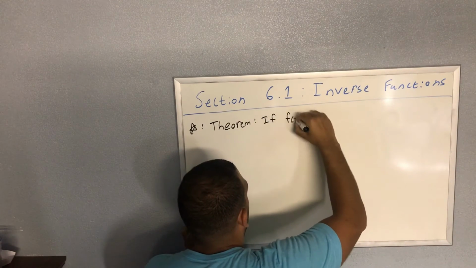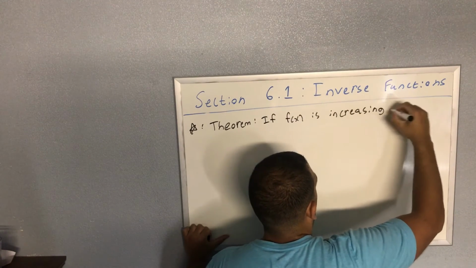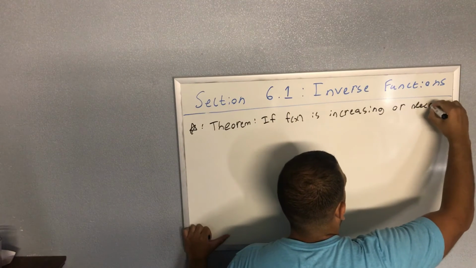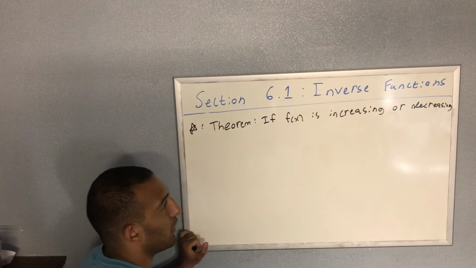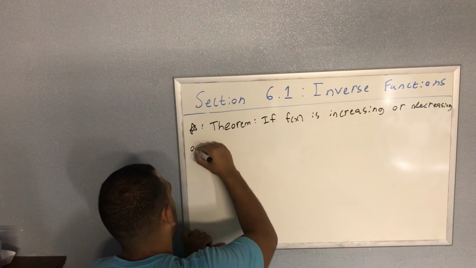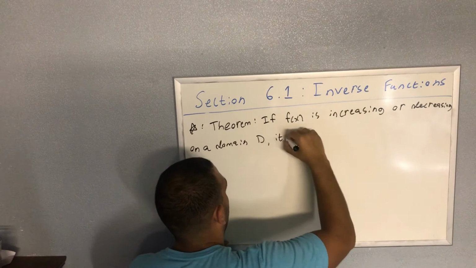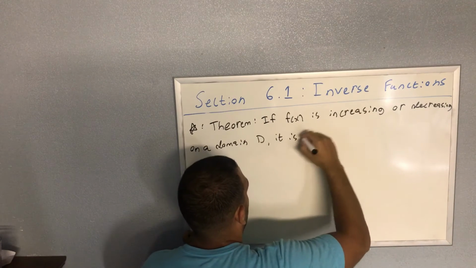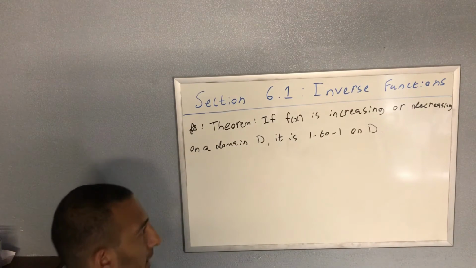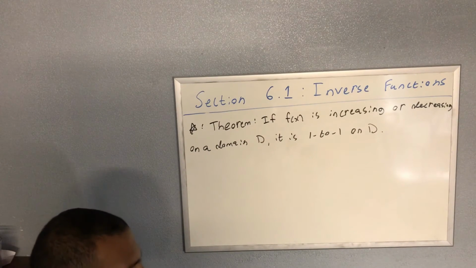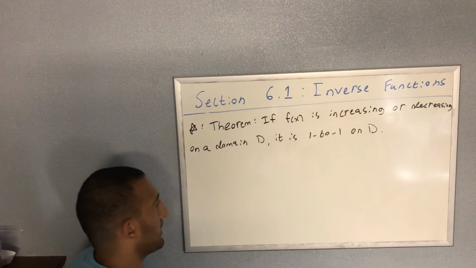If the function is always increasing or always decreasing, so if the function always is going up or always is going down on a domain, it has to be one-to-one.